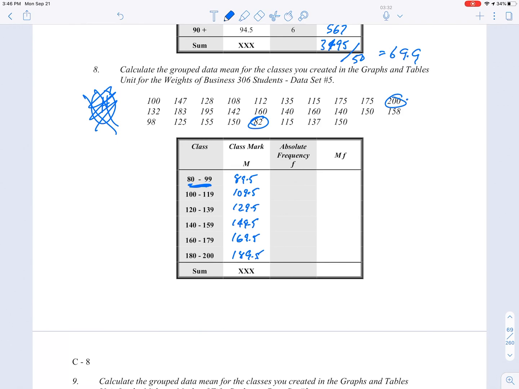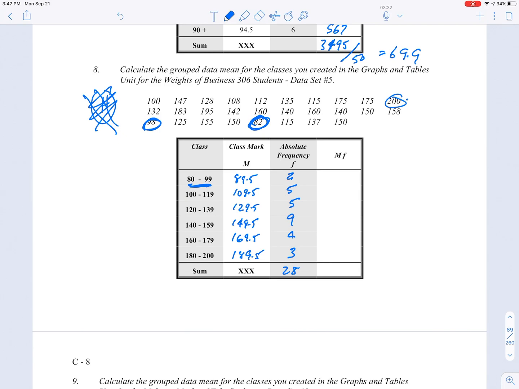The frequencies, you'd have to go through and actually count each of these, but there's two which are less than 99. There's the 82 here, and then there's the 98 there. So there's two of those. There's 5 from 100 to 119. There's 5 again in the next class, and then there's 9. There's 4, and there's 3, and that sums up to 28.